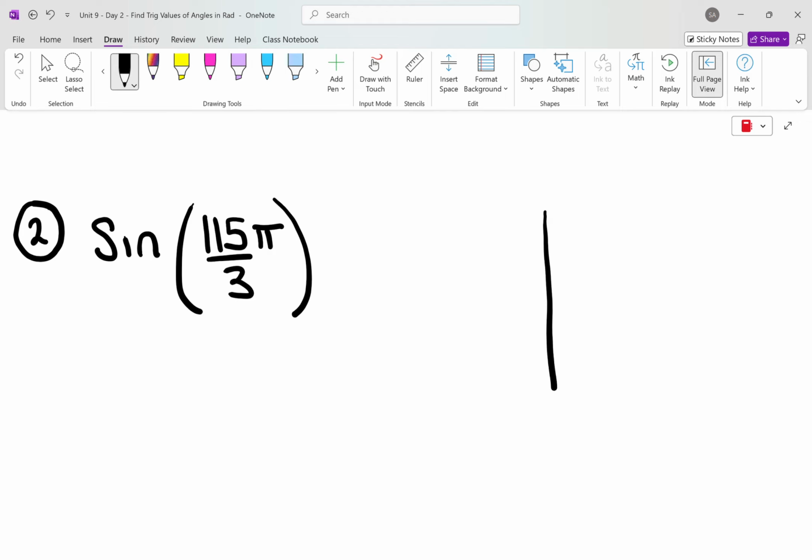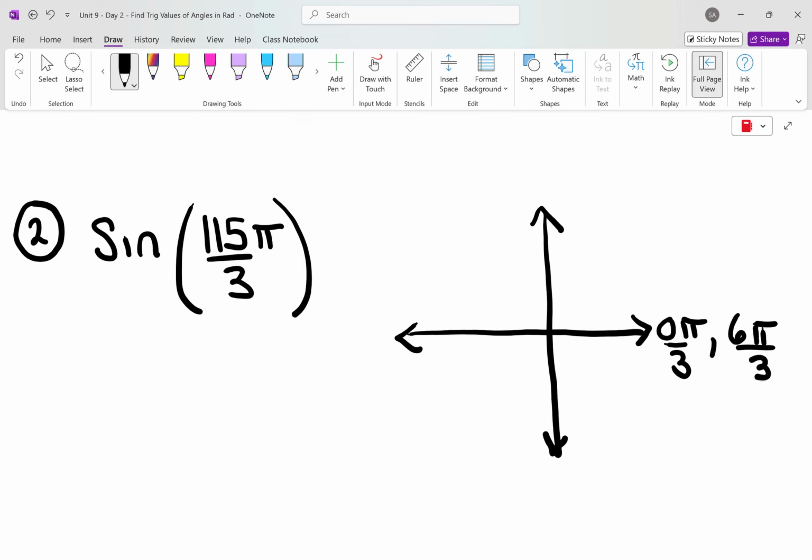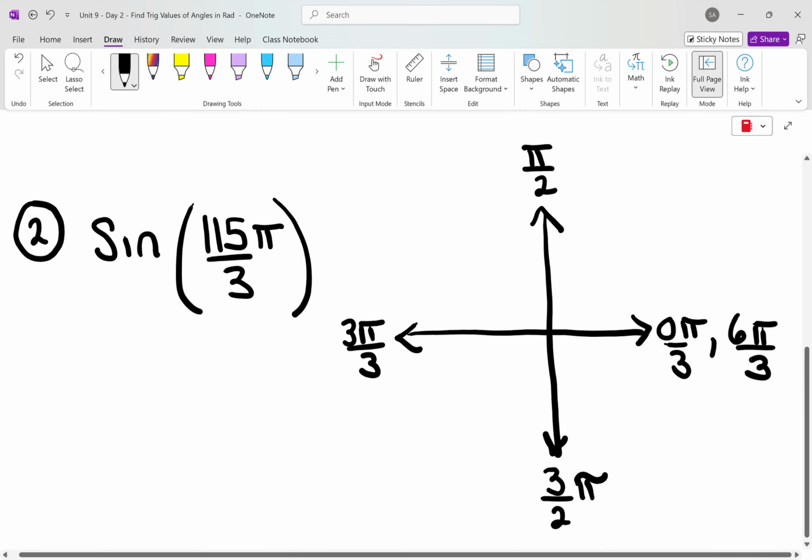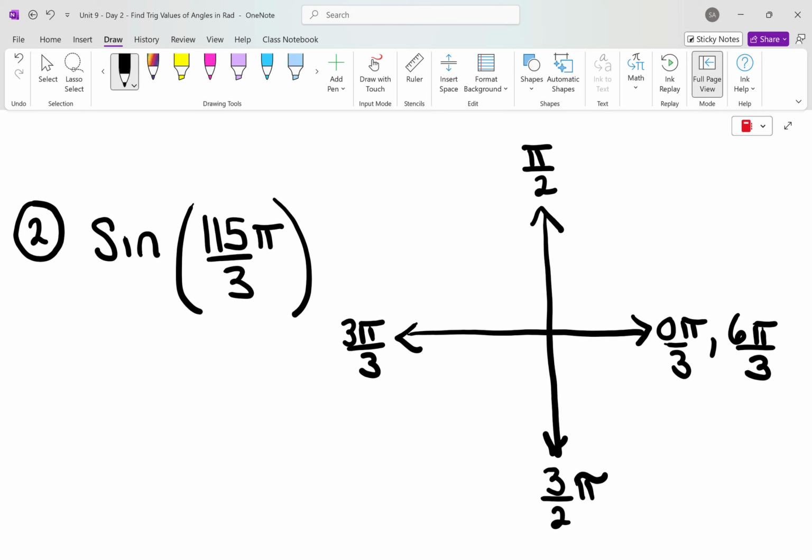This is just an explanation for you. So here is 0 pi over 3. This would be 6 pi over 3, a half pi, 3 pi over 3, and 3 halves pi. So Ethan said we're going to have to go around a zillion times.